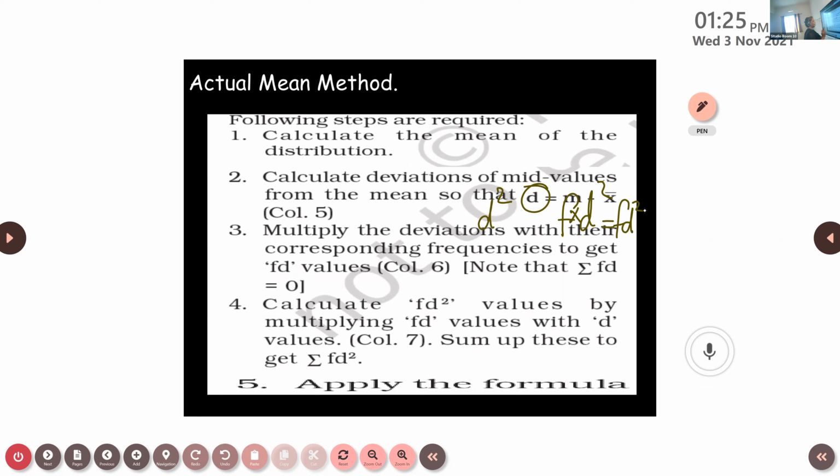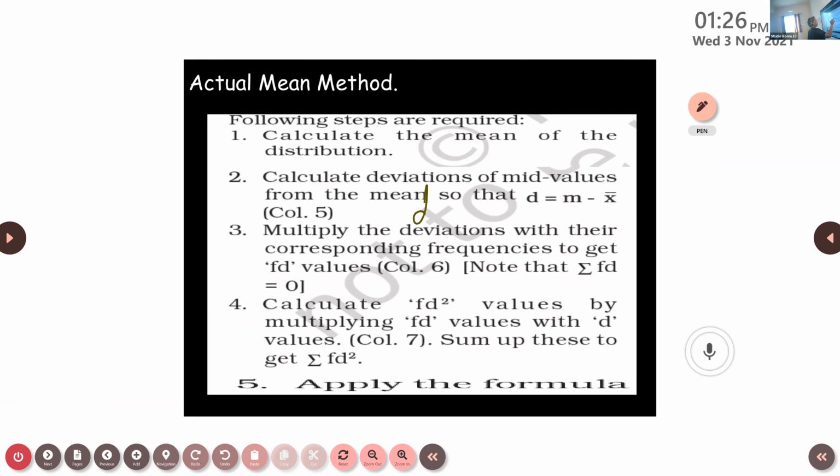Here in the explanation in the textbook, F into D is equal to FD. Then next step, FD into D, then you will be getting FD square. This is the method they have given in your textbook, but you can find another method also.